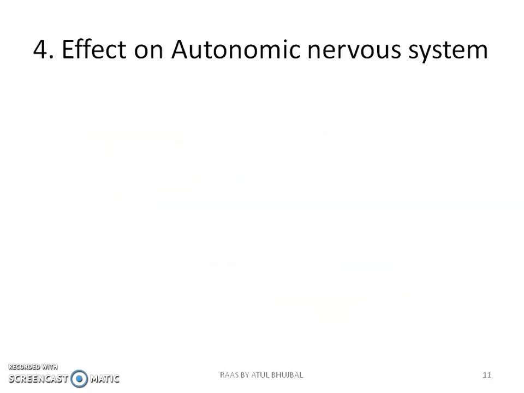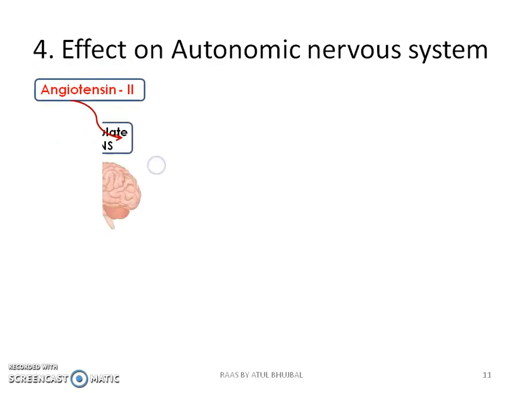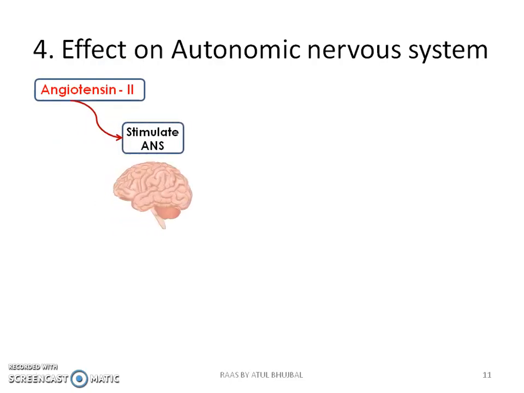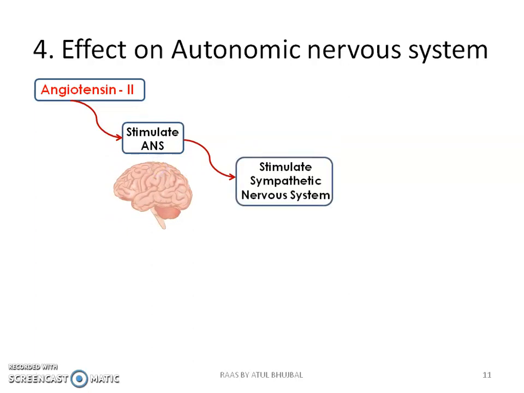The fourth and last effect of angiotensin 2 is on the autonomic nervous system, ANS. Angiotensin 2 is released and acts on the ANS, which stimulates the autonomic nervous system. You know that it already has two different parts, the sympathetic nervous system and the parasympathetic nervous system.